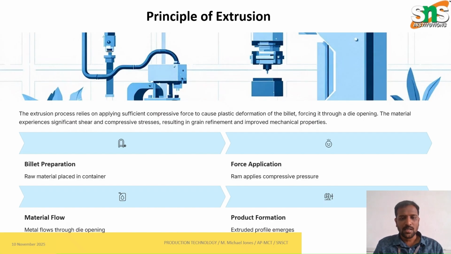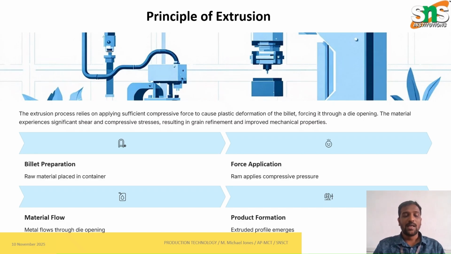If I can imagine this process, the billet is the raw material, for example plastics. For example, in aluminum extrusion we'll be using aluminum billets, the metal billets.